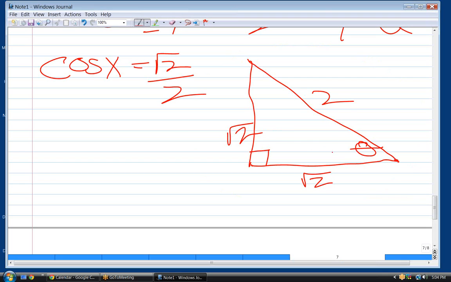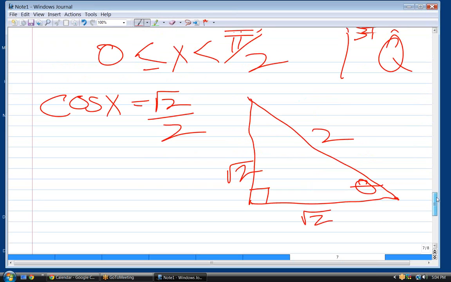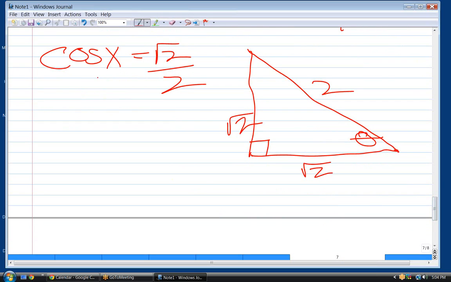So now we have the triangle fully dimensioned. We know we're in the first quadrant, so it's a piece of cake to list all 6 trig functions. After you find all the functions, how do you solve it? There's no solving. Their question is, what are all 6 trig functions of x?